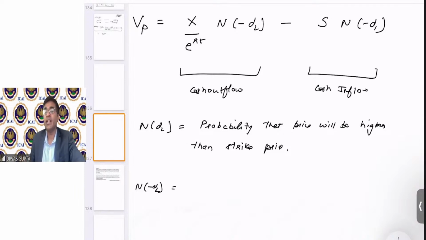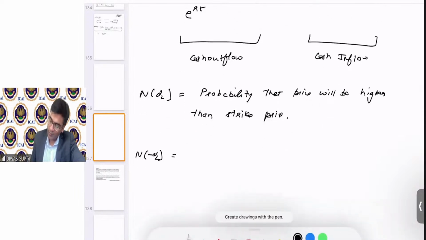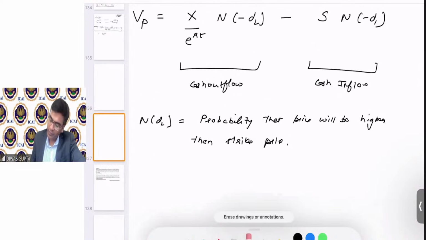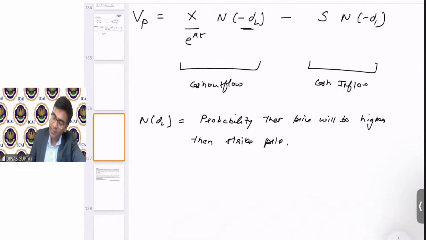can anyone guess, students, what N(-d2) will come to? And since we are talking about put option, in put option, we have used N(-d2). Think.